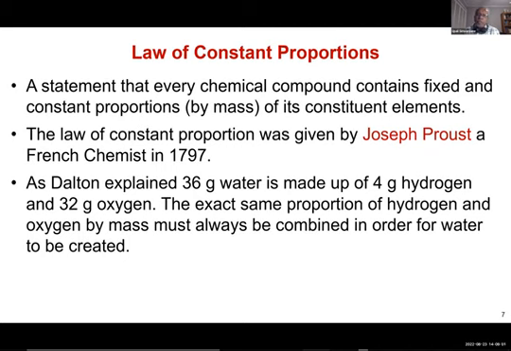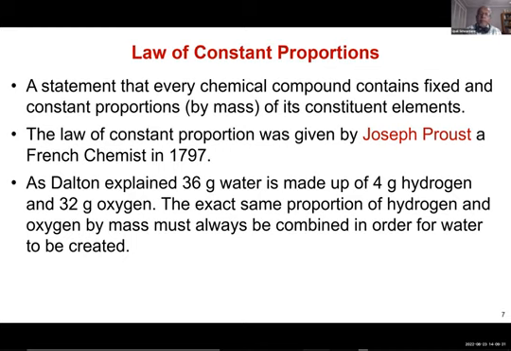Or the simple proportion is 1 to 4. How do I get 1 to 8 from 4 to 32? 4 divided by 4 is 1, 32 divided by 4 is 8, right? 1 to 8.